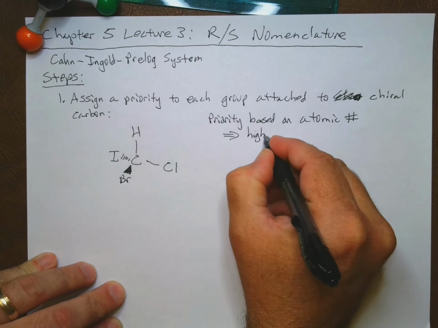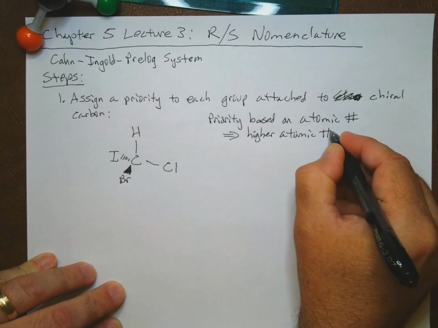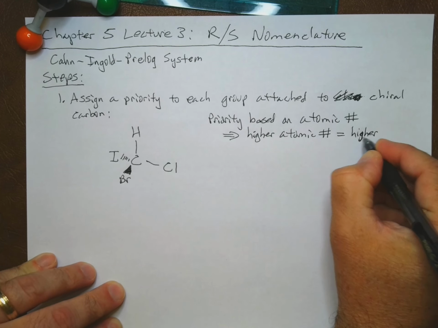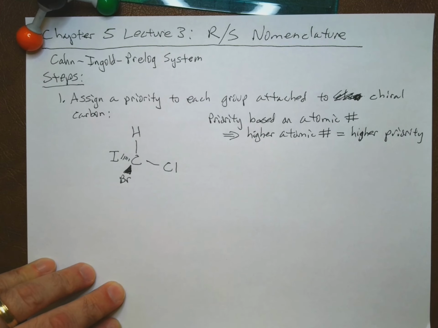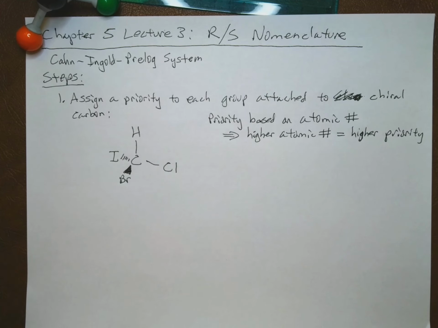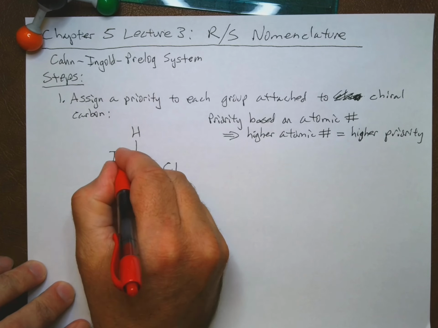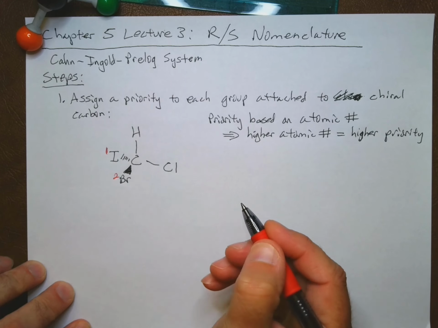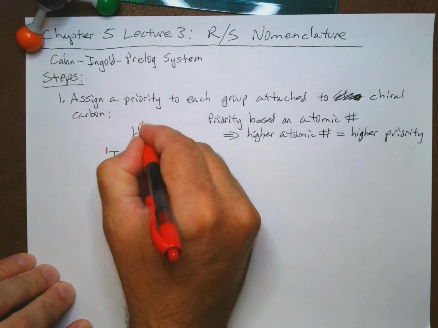So higher atomic number equals higher priority. In this case, our highest atomic number is iodine, so that's going to be a 1. Next is bromine, that's a 2. Chlorine is 3, and then hydrogen is 4.